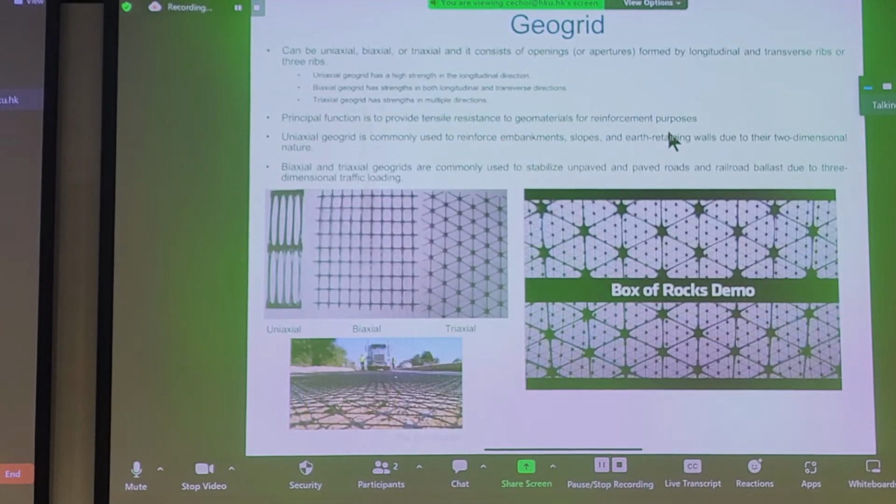So, the first type is a geogrid. Geogrid is mainly used for reinforcement purposes. You can look at a picture here of a geogrid. They come in various patterns, can be square, can be a triangle, can be uniaxial, but it's just a very strong piece of what looks like a plastic sheet, actually.